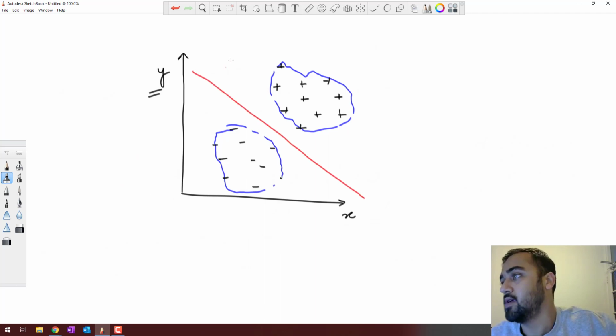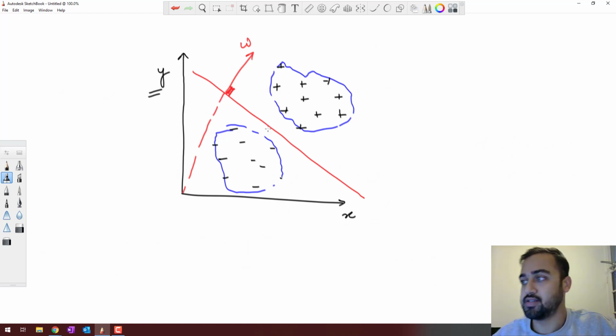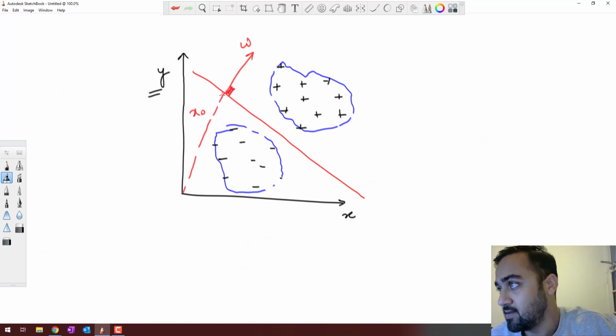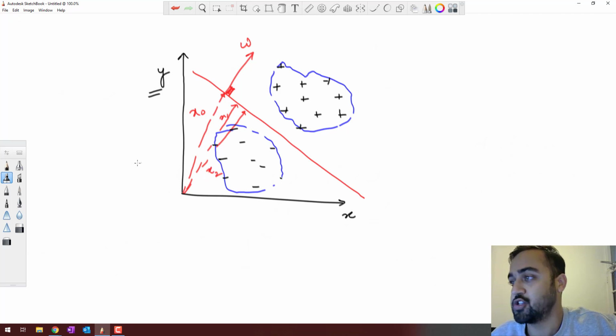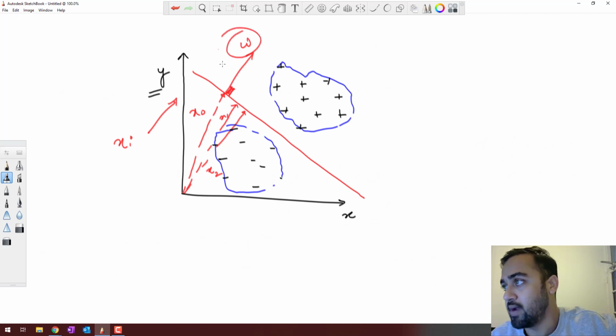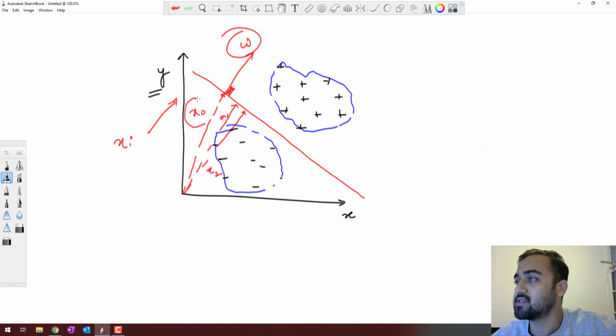So it builds a decision boundary which has a weight vector that is perpendicular to the decision boundary. You have x0, x1 and x2, different xi's, which point in the direction of your decision boundary, and you have a weight vector which is perpendicular to the decision boundary. In particular, you have one x0 which is in the same line as w, right?